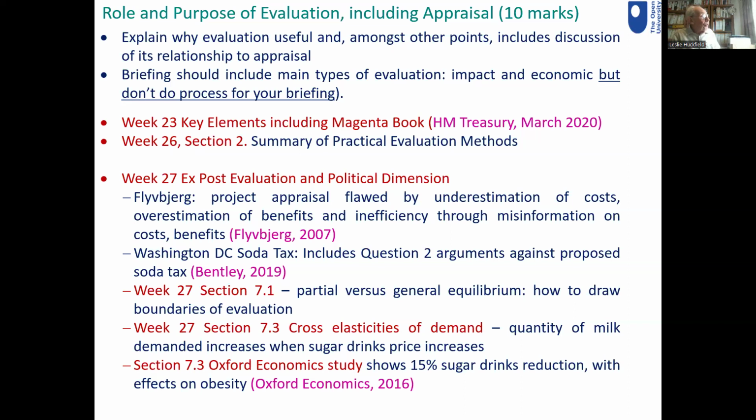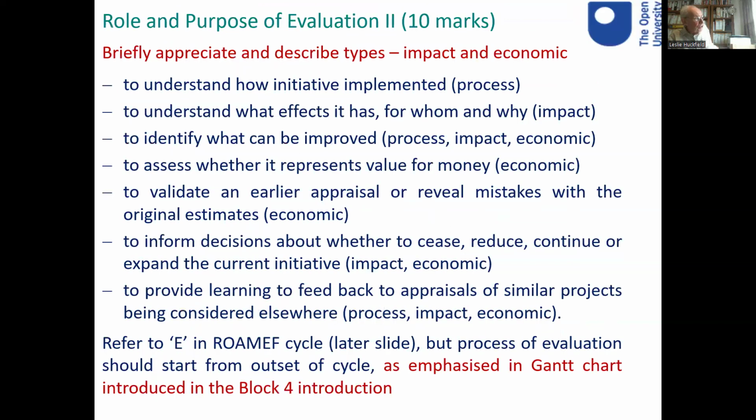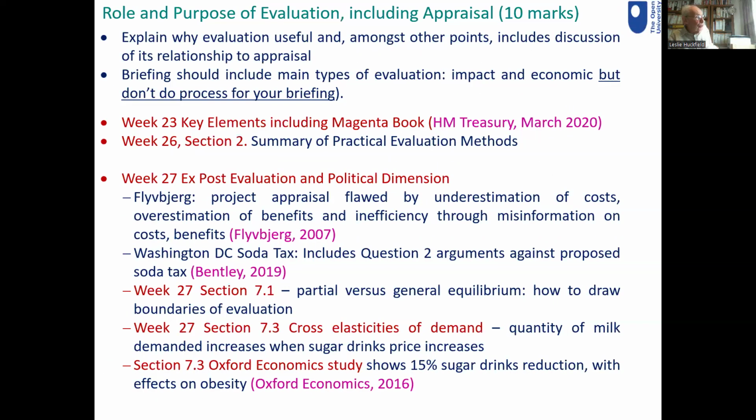There's that very important article by Flyvbjerg from 2007 in which he did an evaluation of big infrastructure projects and came to the conclusion that many of them are over budget, and some of the reasons why they were over budget. There's a piece on a soda tax which was introduced in Washington, D.C. in the States. There's a piece in Week 27, section 7.1 on partial versus general equilibrium, which you'll need to understand to draw the boundaries.